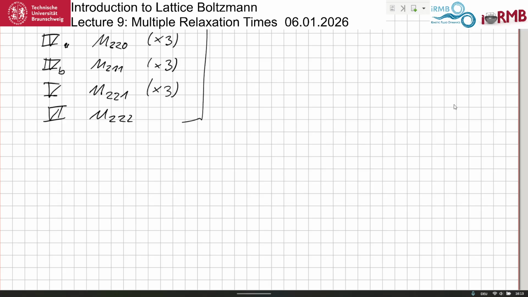Very obviously, if you take the first order moments, M100 and then M010, if you rotate this by 90 degrees, you would turn M100 into M010. Yeah. So now you would identify, if we are living in an isotropic world, that these two things would be of the same class.